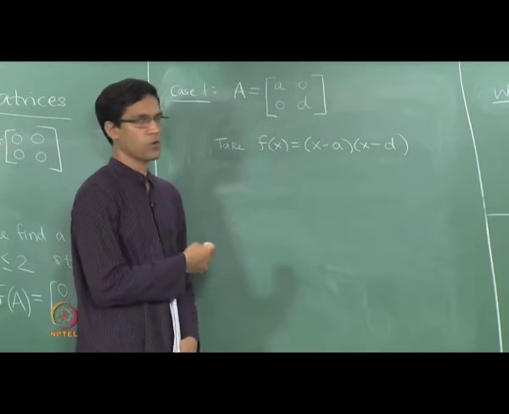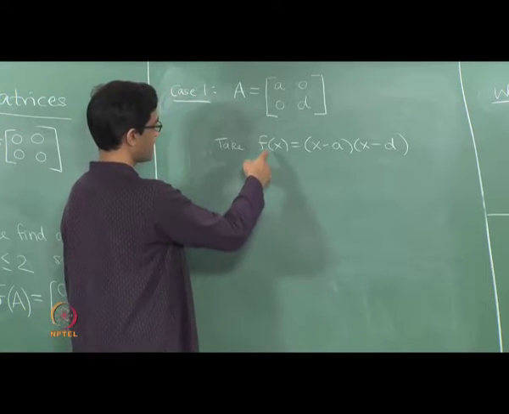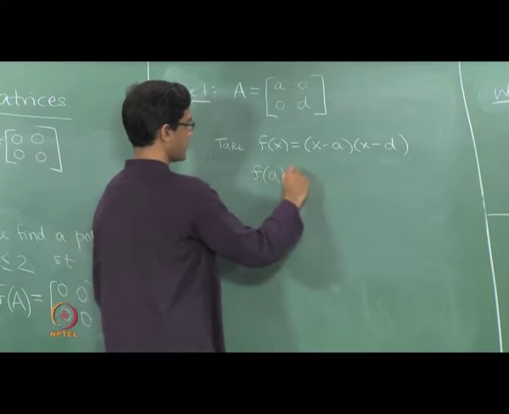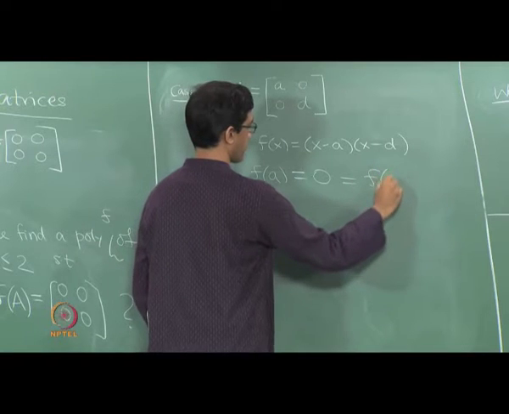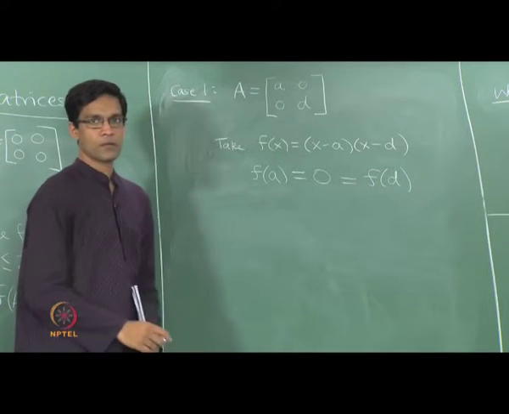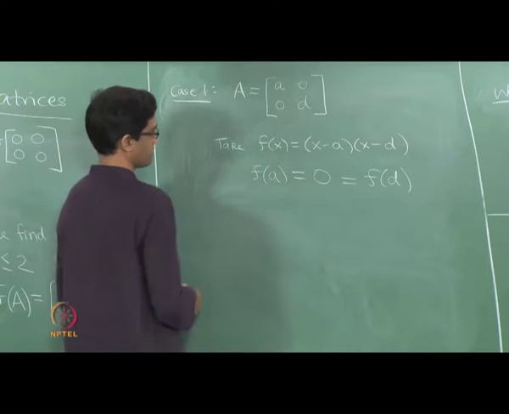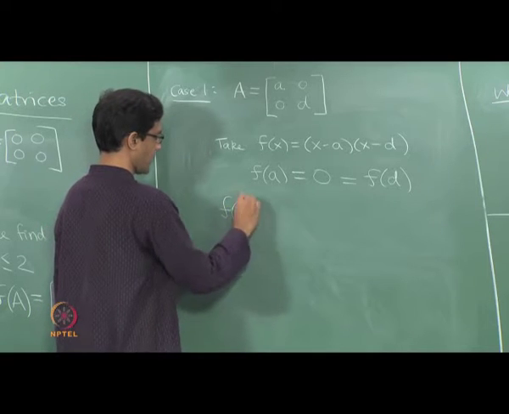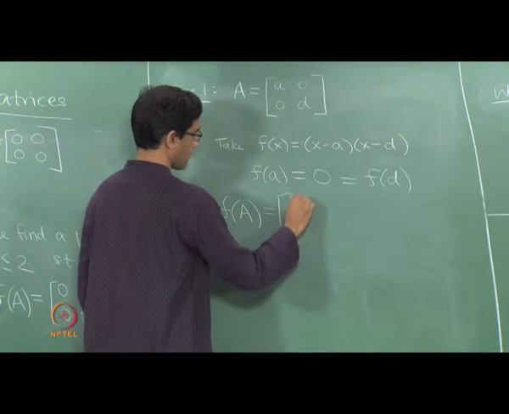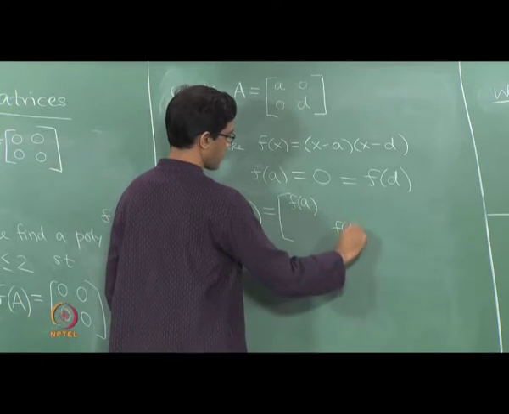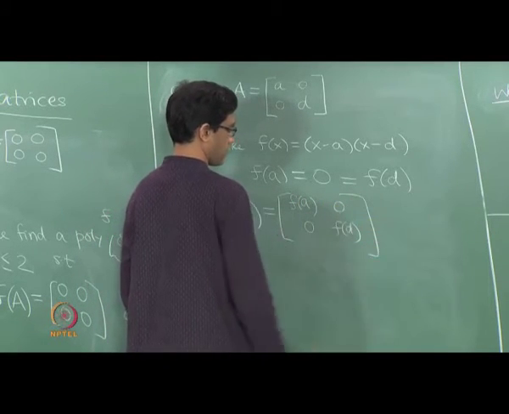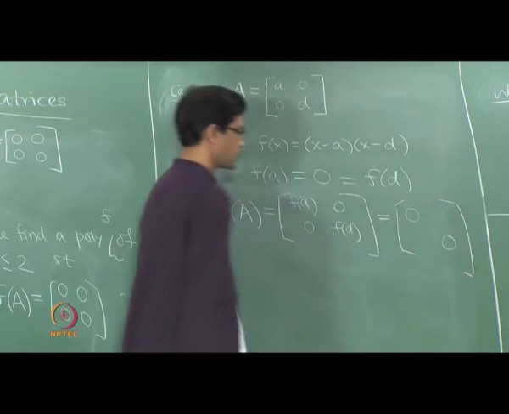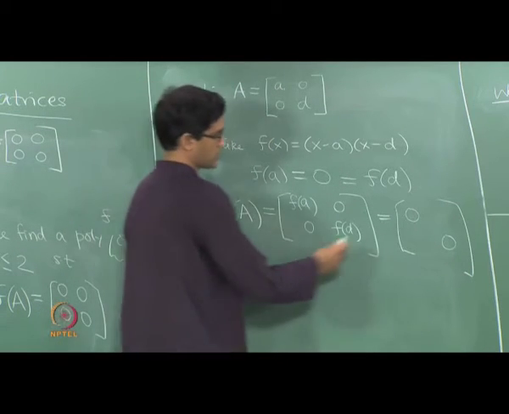So that is a quadratic polynomial, so degree is 2, and what property does it have? Well, if you plug in x equals a or x equals d, it would just give you 0. Okay. So it would kill both these entries. So now if you apply f to the matrix A, as we just said before, what it will give is just f of a, f of d on the diagonal, zeros elsewhere. And since by design these two diagonal entries are actually 0, what you do get is the 0 matrix.